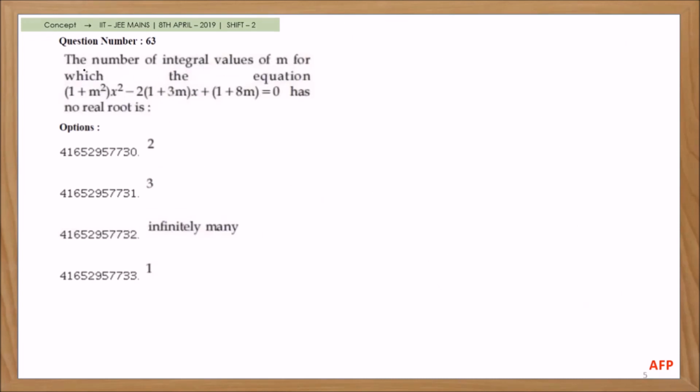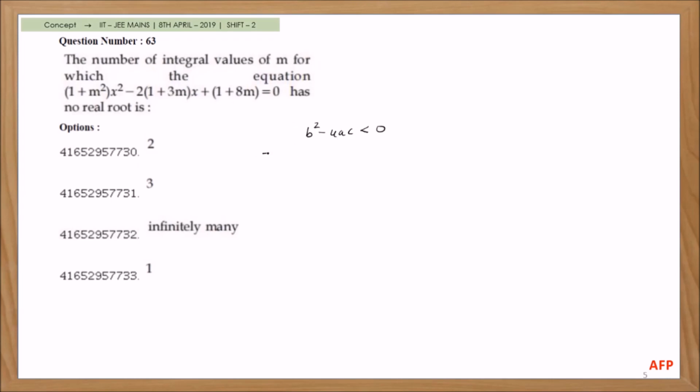Next problem. The number of integral values of m for which this given equation has no real roots. No real root means b square minus 4ac must be less than 0. Now this is a, this is b, this is c.